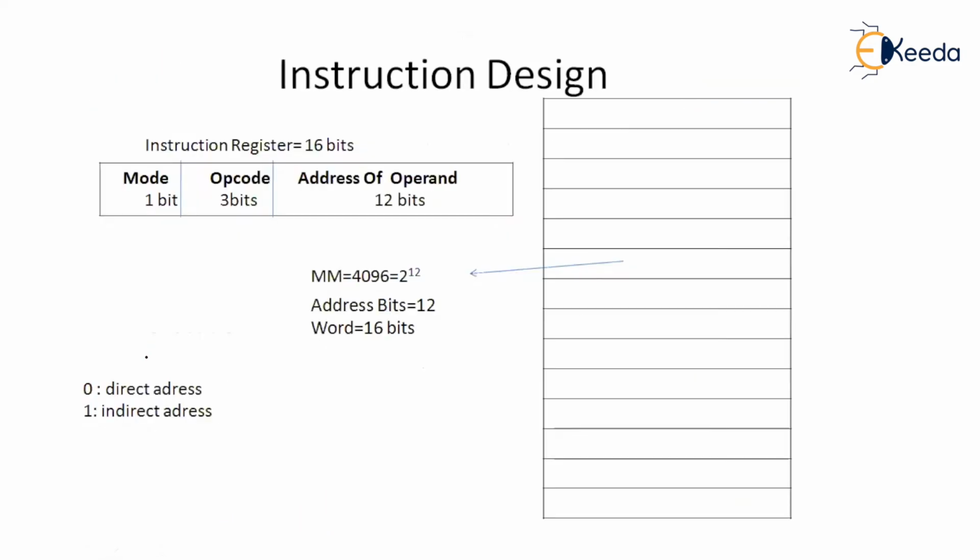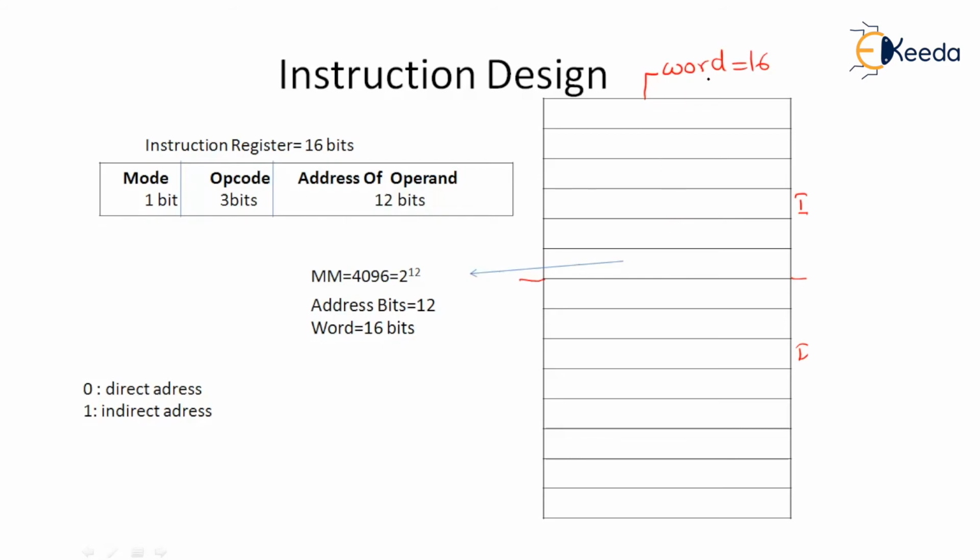To be more precise, I'm going to show this is the main memory. Here we have an address. This is the word. A word is equal to 16 digits. Total memory is divided into two parts: one is instruction memory and the other is data memory. Instruction memory is going to hold all the instructions of any program, and the data memory is going to hold all the data operands of the instructions.